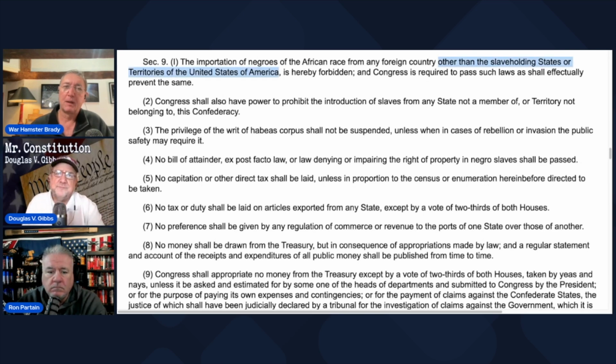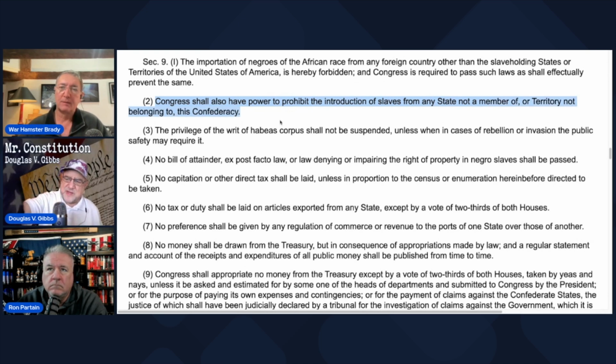Okay, moving on, because it's very much related. Congress shall also have the power to prohibit the introduction of slaves from any state not a member of, or territory not belonging to, this Confederacy.